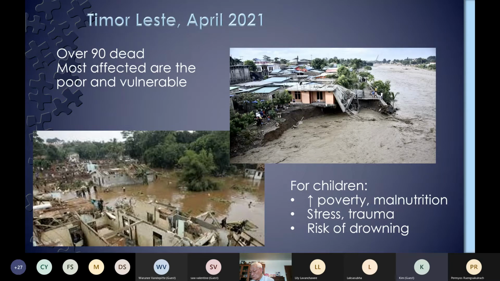And again, it's the most impoverished and vulnerable communities that suffer the most. And of course, the risk for children is extraordinary. Not just the risk of drowning or being injured, but the risk of their family being driven into poverty and malnutrition, and then the long-term emotional stress and trauma, which I think many children are going to be feeling.